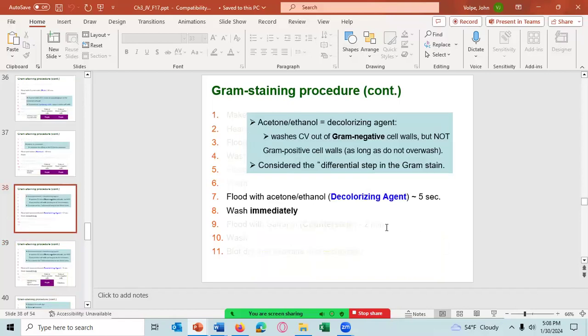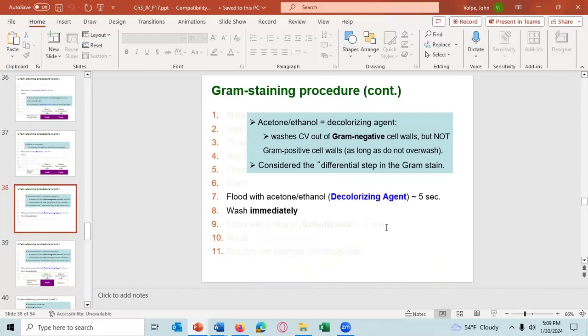You then apply the decolorizing agent. The decolorizing agent that I talked about was acetone ethanol. It's the decolorizing agent that we use in the microbiology lab at Clark. It is true there can be other decolorizing agents. There can be acid alcohol, and there can also be just alcohol.